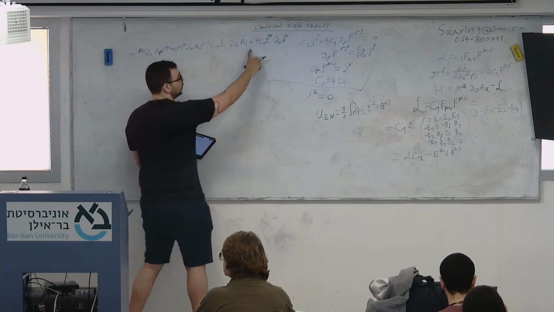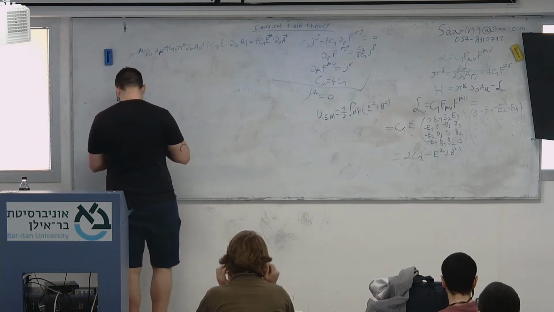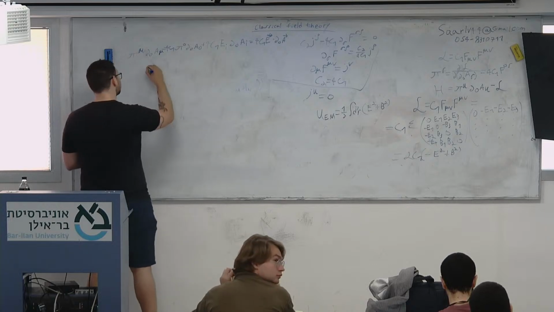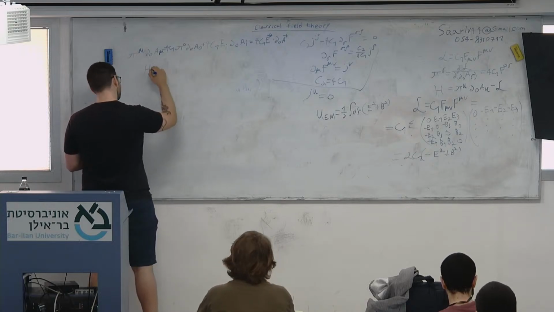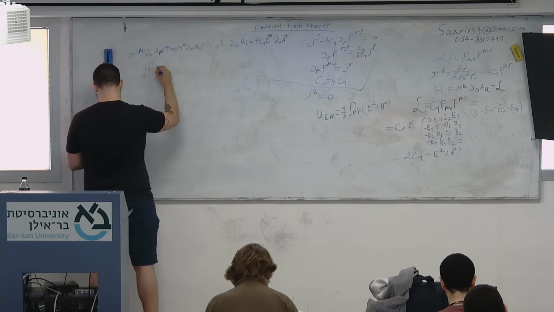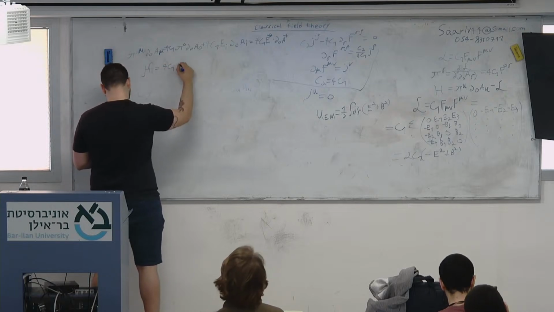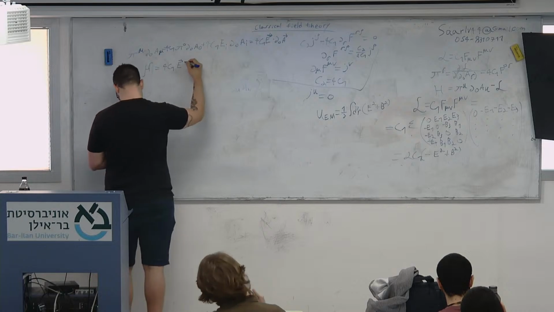So we're just left with the normal vector term. H, finally H, force 1, vector.